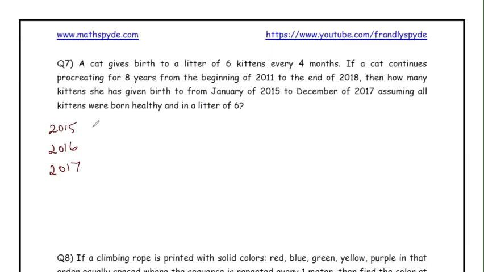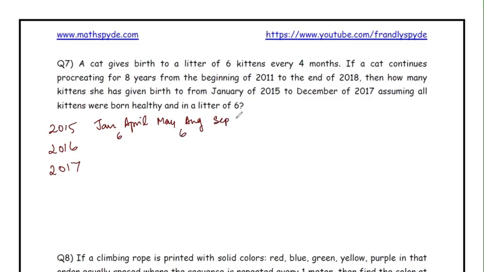So the cat gives birth to a litter of 6 kittens every 4 months. So January to April, we have 6. Then May, June, July, August, we have 6.